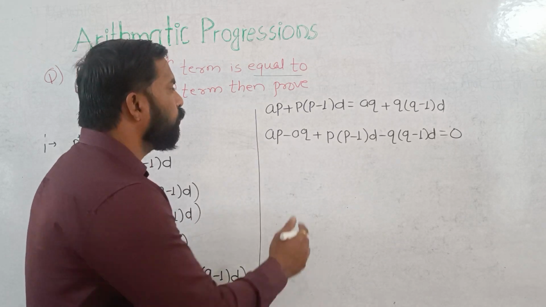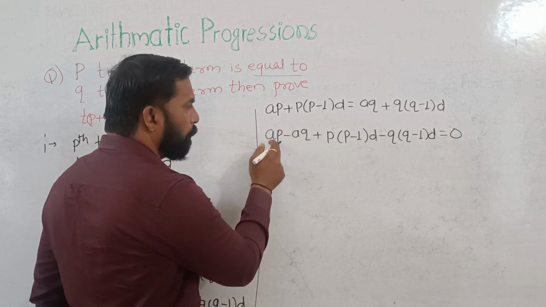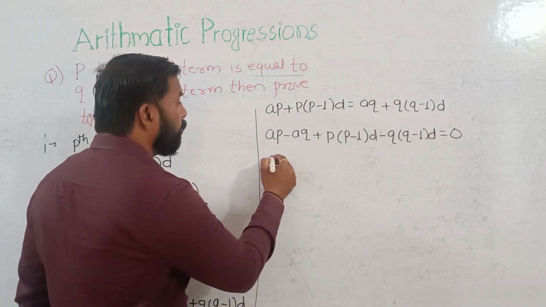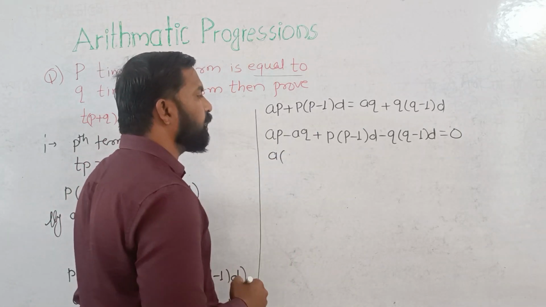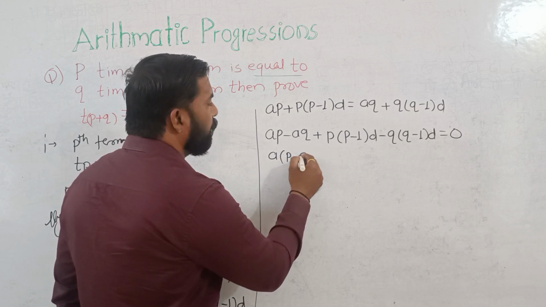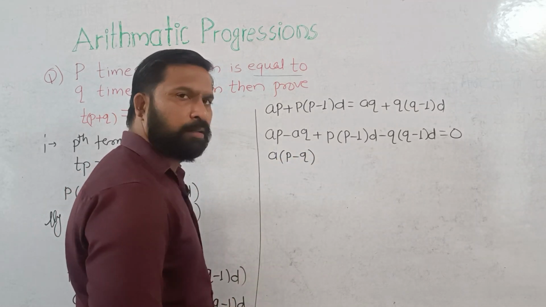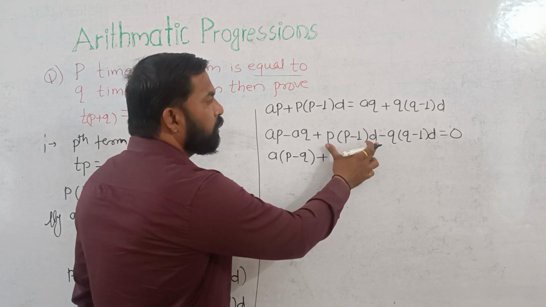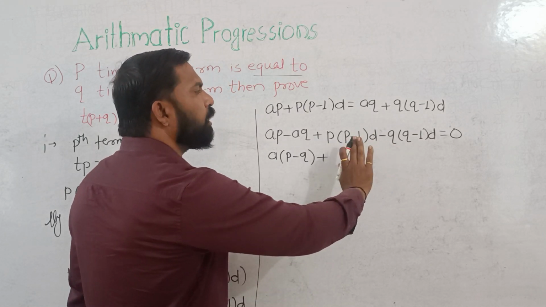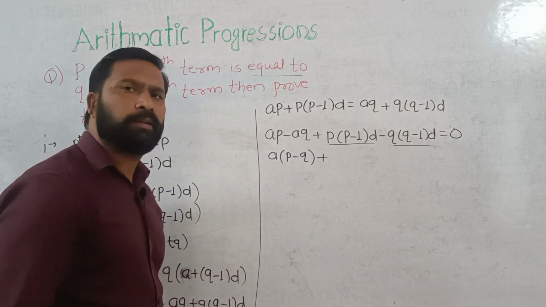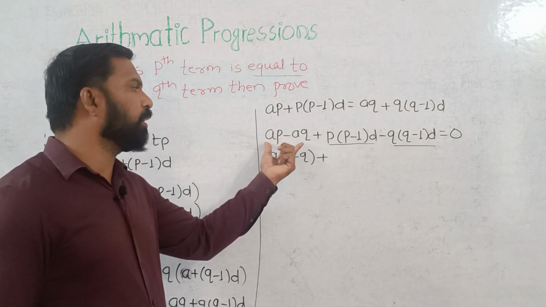Look at the first two terms, ap and aq. What is common between them? a, very good. What will remain inside the bracket? If you divide both of them by a, p minus q will remain, right? Plus, solve this bracket, or you can take a common.